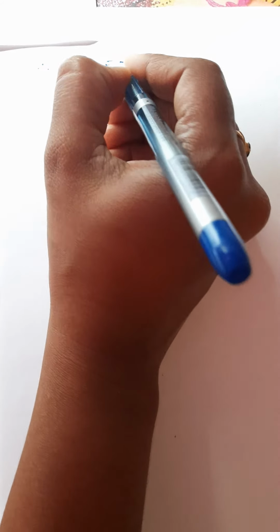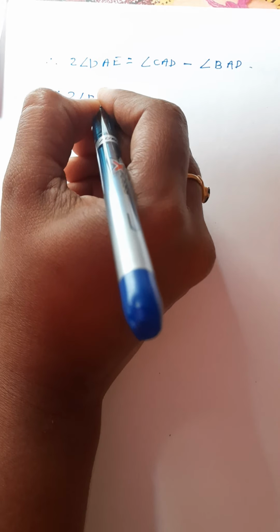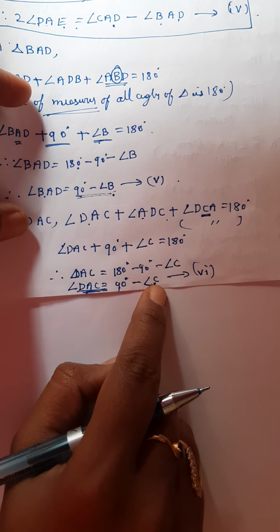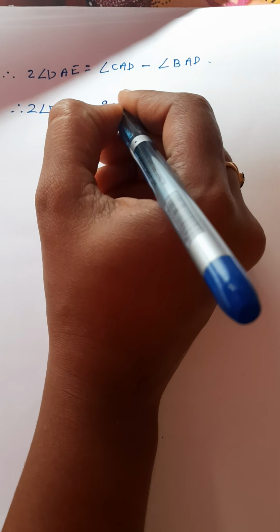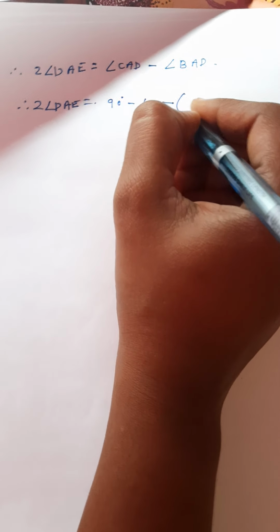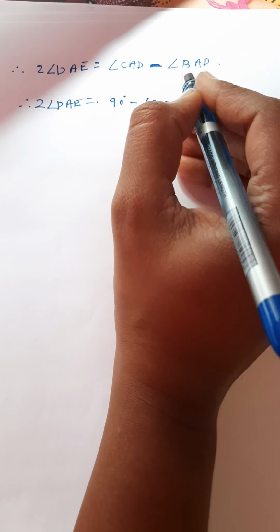2 angle DAE is equal to CAD minus BAD, and therefore 2DAE is equal to CAD, angle CAD equal to 90 minus C degree. So 90 degree minus angle C minus of, here in the middle we have negative sign, so I am taking bracket and whatever value of BAD I am writing here.